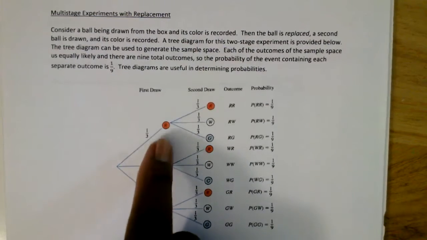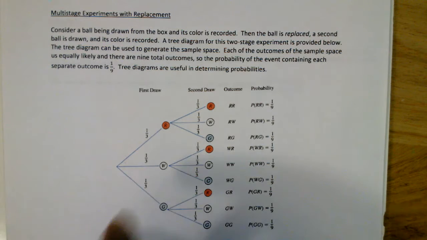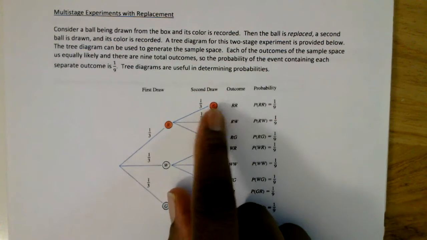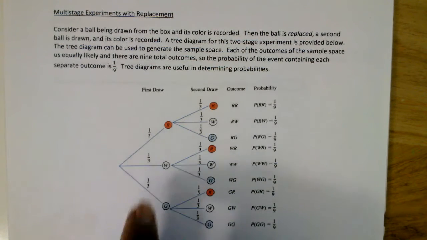On the first draw, a red ball or a white ball, or I'll say gray ball, is drawn. One of those three can be drawn. Its probability for each one will be 1/3 because there are 3 balls in the box and each ball is of a different color: red, white, and gray. Then on the second draw, the first ball was recorded and then put back in the box.